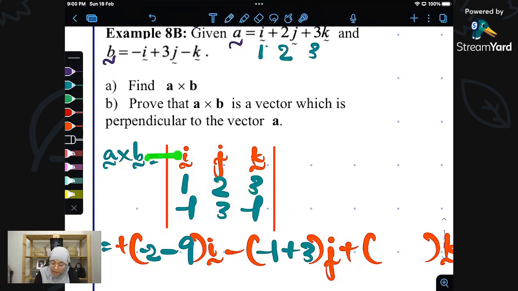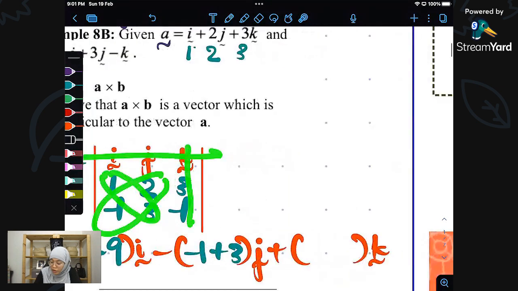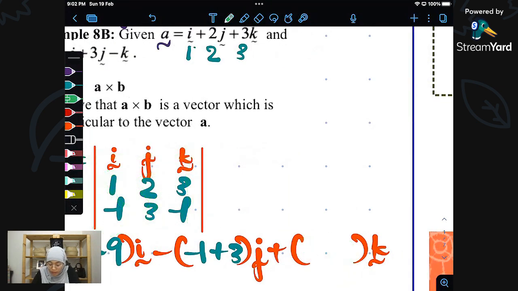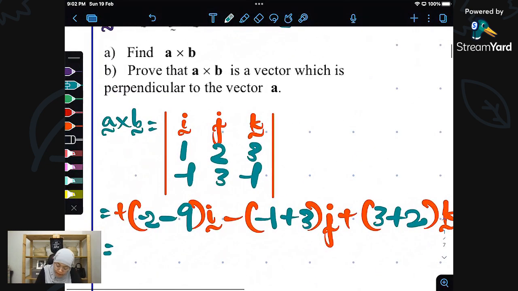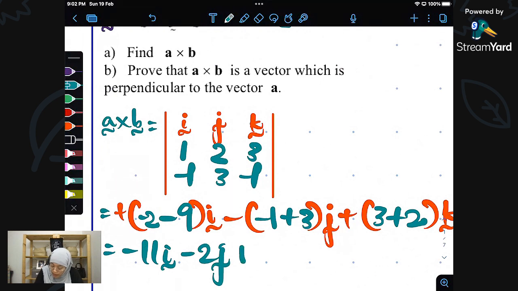And the last one will be, tutupkan yang group K yang ni, so kita akan dapat positive K, positive 3, so 3 plus 2. So what we have here, the answer is negative 11I minus 2J plus 5K. Yep. That is our answer.